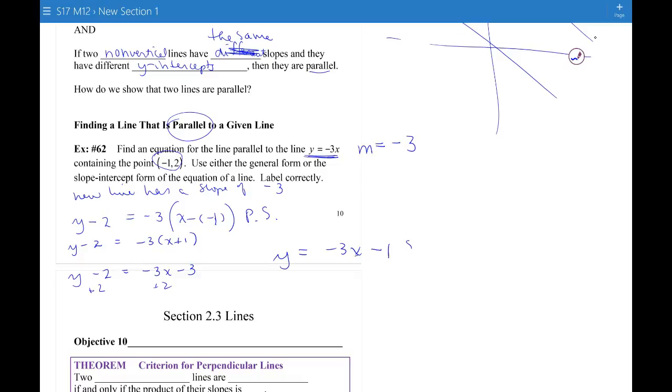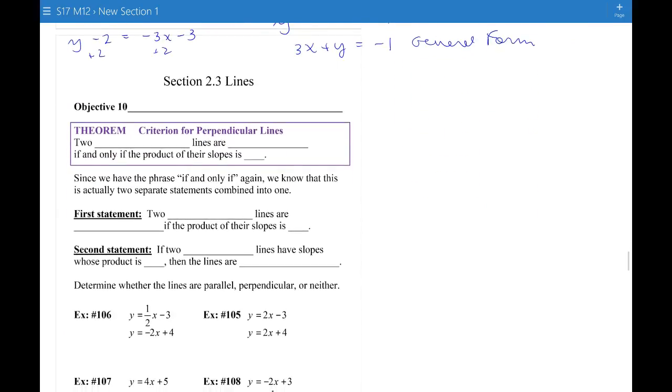Then this is the slope-intercept form. And then if I put the 3x plus the y equals negative 1, that's the general form. So either of these is fine, but you can't leave it in point-slope form because of the way the instructions are written. Okay, and then the last thing is perpendicular lines.